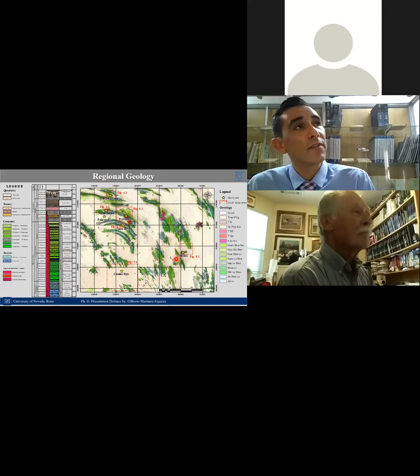So we have several intrusions. Commonly, all these intrusions are associated or known as the Concepción del Oro intrusive belt. It is conformed by several intrusions, with two main igneous activities.